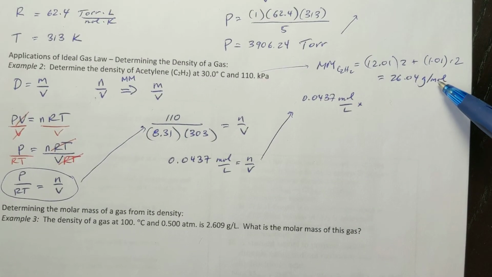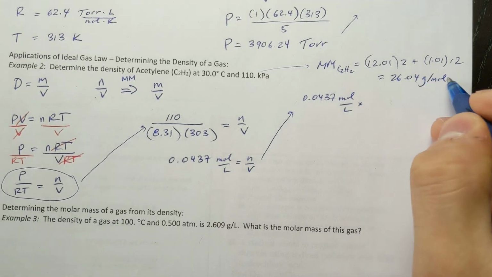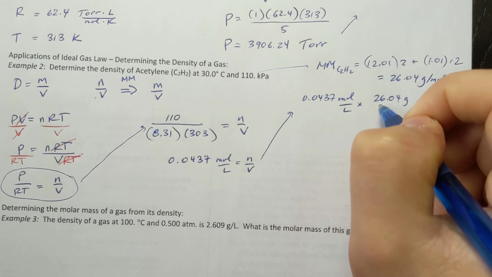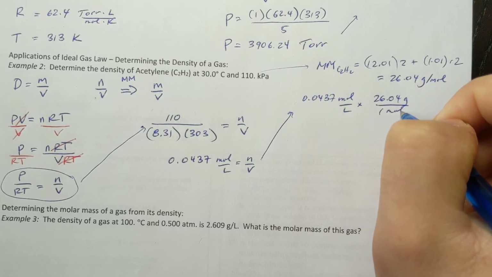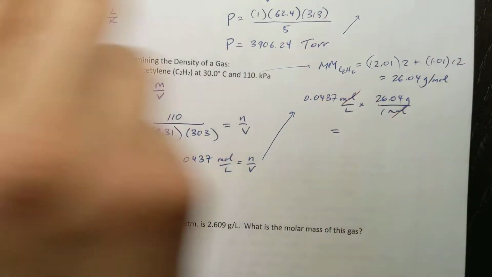Plugging this into my calculator, my molar mass for acetylene, C2H2, is 26.04 grams per mole. So then times 26.04 grams of acetylene for every 1 mole of acetylene. Okay, and then we cancel and cancel.